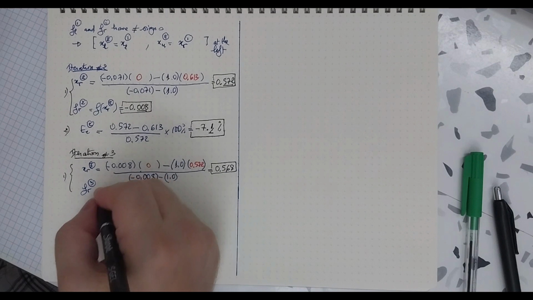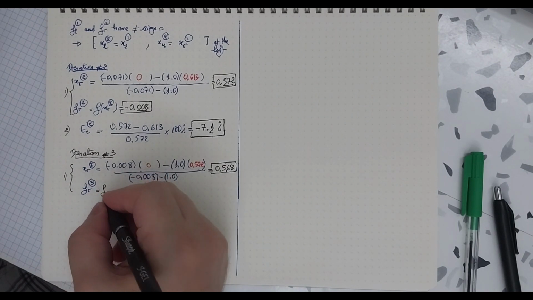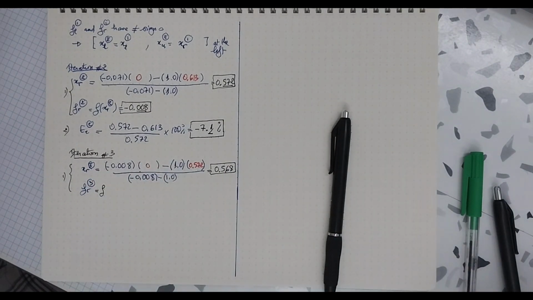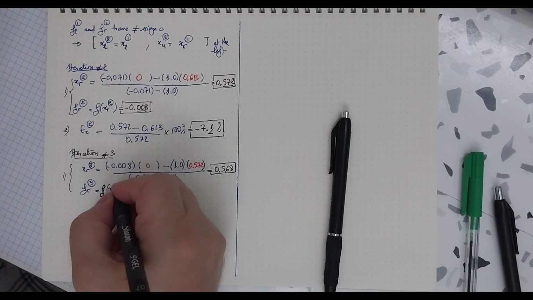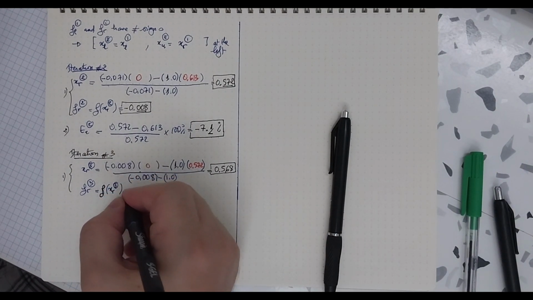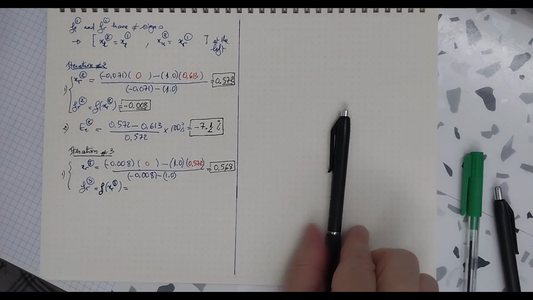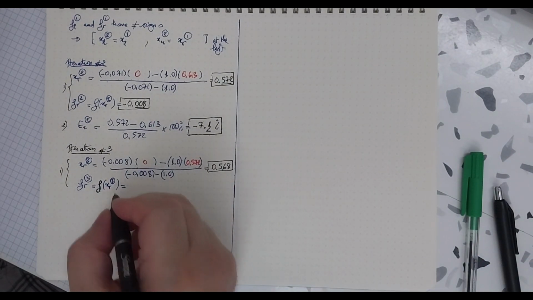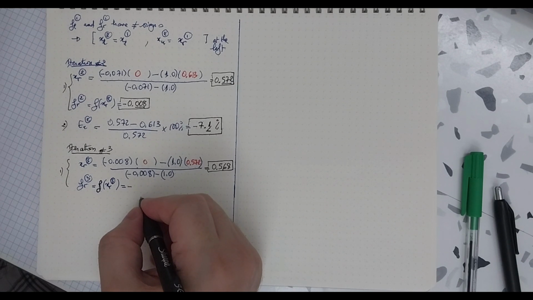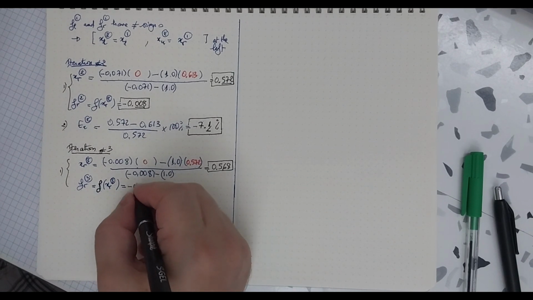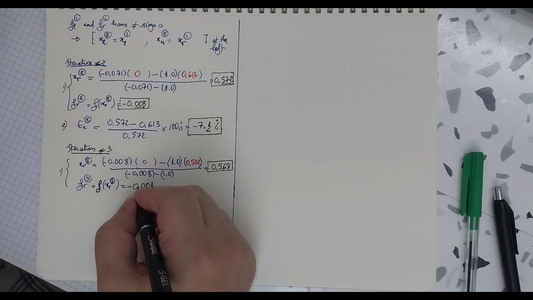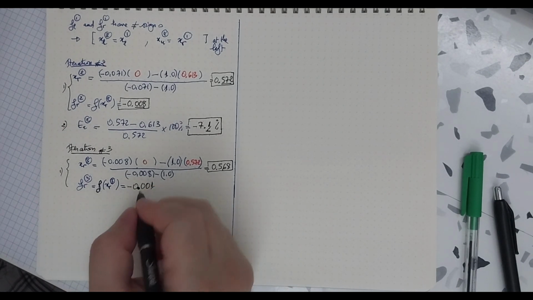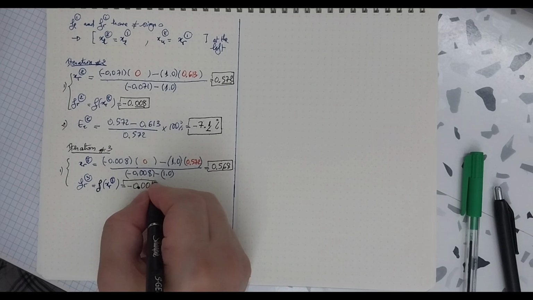I take this value and replace it in the function, and with the calculator, I get the value minus 0.001. So it decreases, it tends to 0.